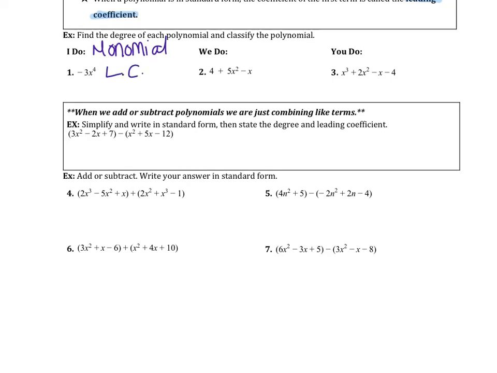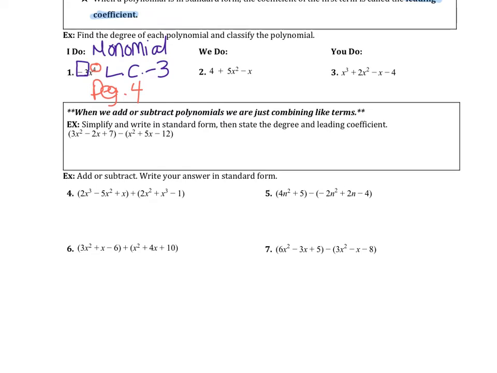I'm going to use LC to represent leading coefficient. And the leading coefficient is that number in front of the first term when it's in standard form, which in this case is -3. And the degree is going to be that exponent with that leading term, which is 4. So this -3x to the 4th is a monomial with leading coefficient -3 and degree 4.